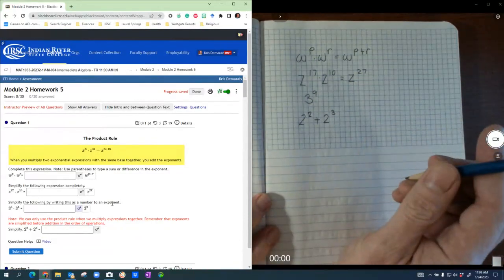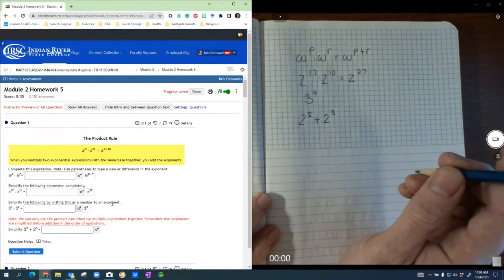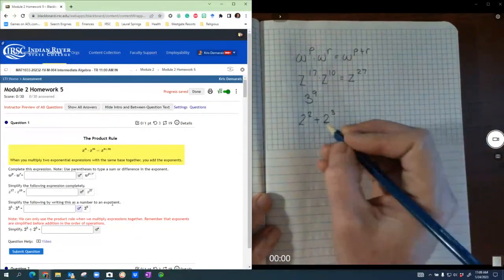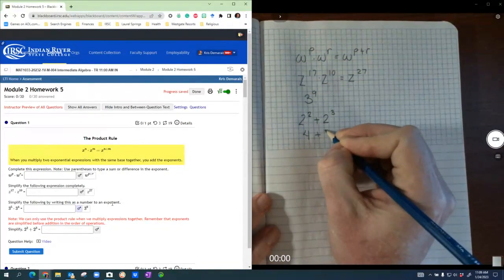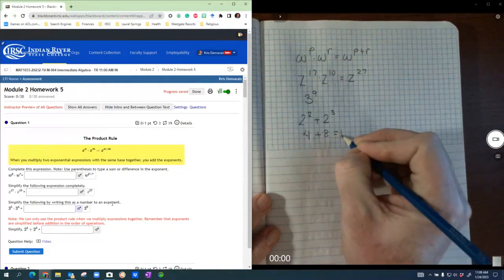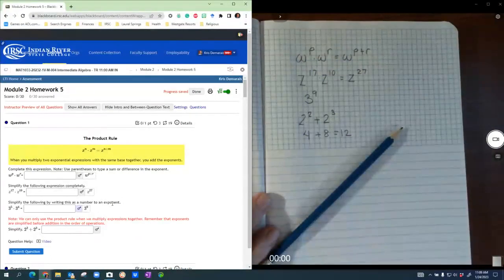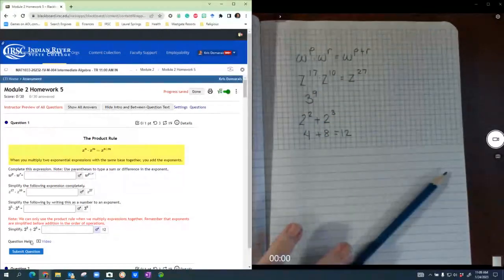Remember that exponents are simplified before addition, in order to follow the order of operations. So we go ahead and look at this one. It would be 4 plus 8, and then that would be 12. That's completely different from how we do the other. We do not proceed that way for this kind of situation. So please be careful.